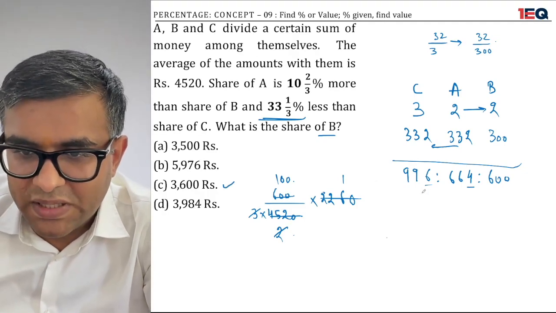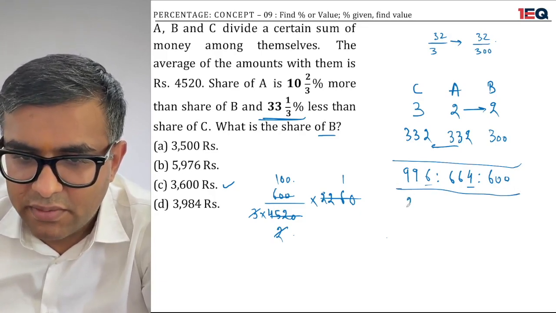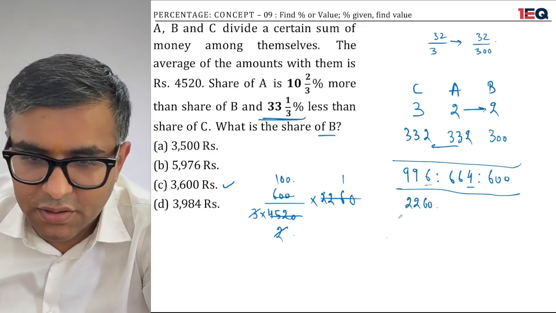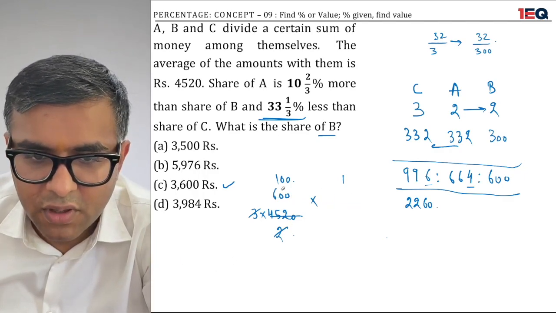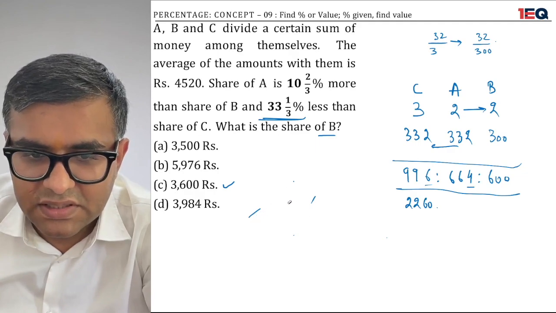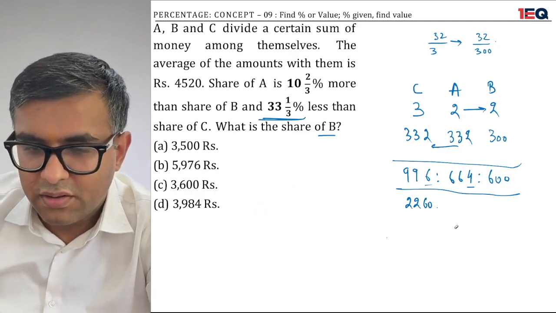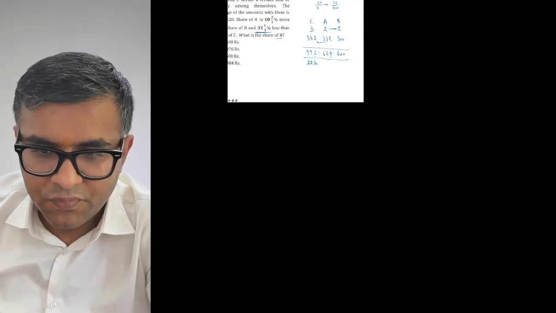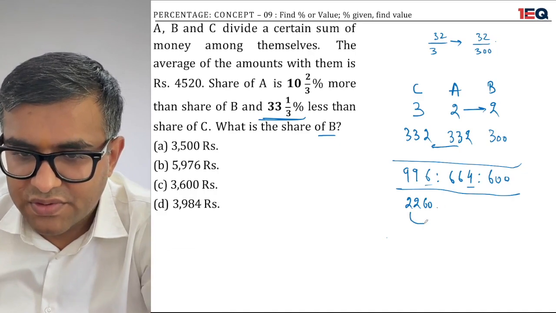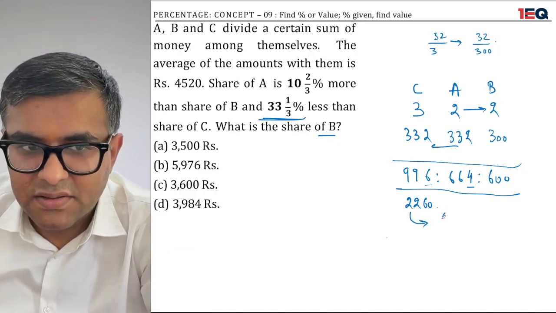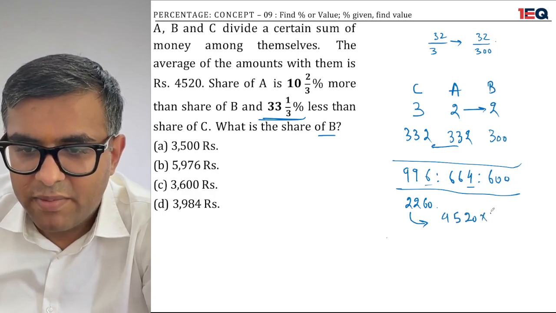okay, there's this one thing I'd like to tell you. The sum of all these three is 2260. I'm rubbing this area off because this is not needed right now. The sum of all this is 2260. Now the value of 2260 is given as 4520 multiplied by 3.